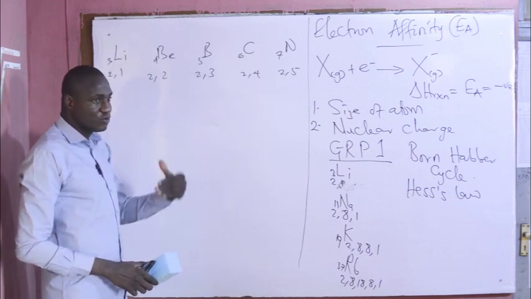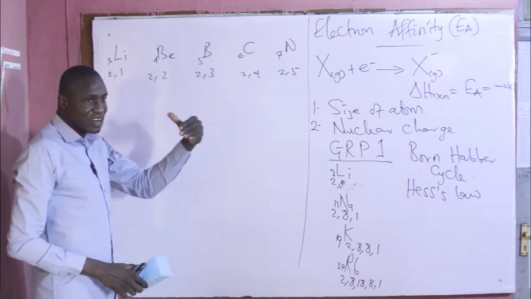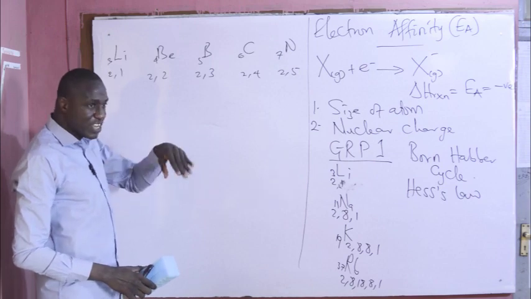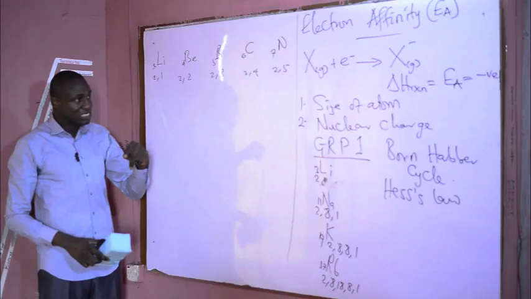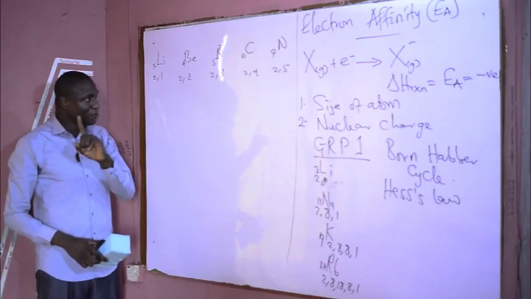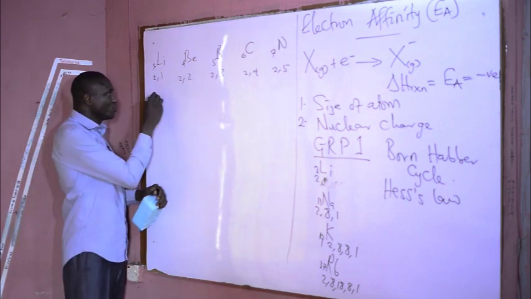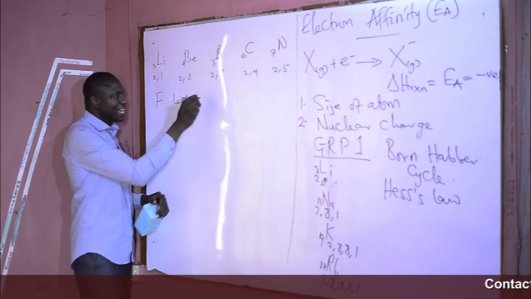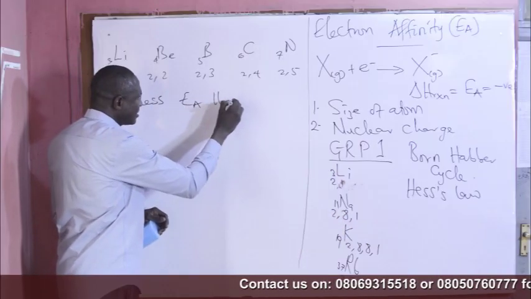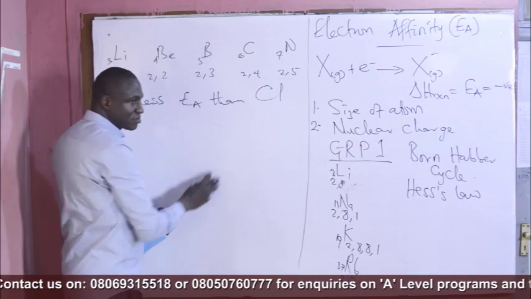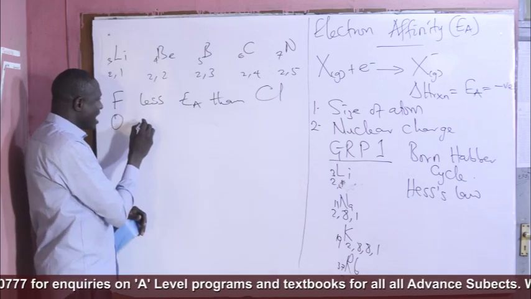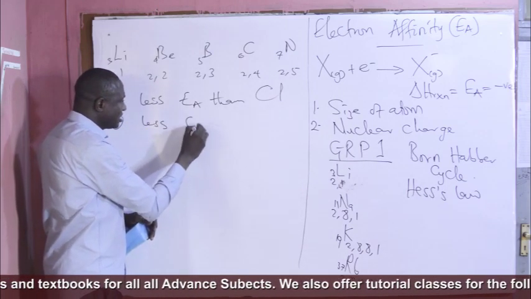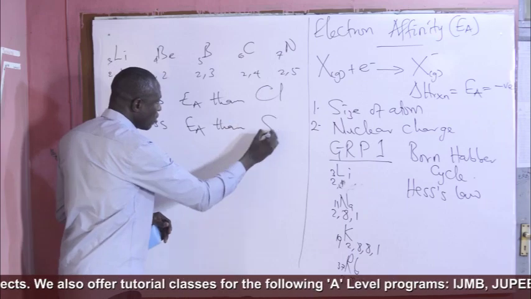But when you get to group 2, we discover that electron affinity varies somehow. It increases and it decreases. The same thing applies, and a typical example is that we should be able to explain why fluorine has less electron affinity than chlorine, and why oxygen has less electron affinity than sulfur.